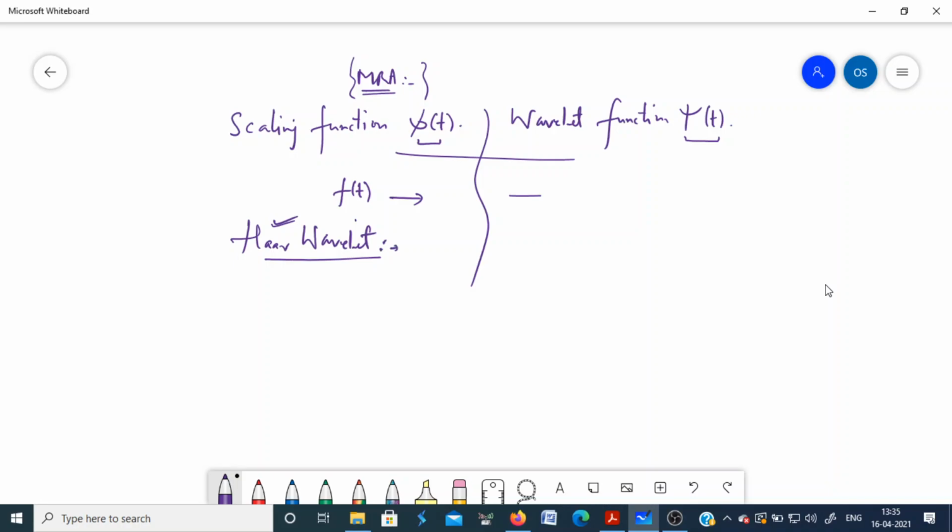Okay. So before we start with this MRA, we define some basic terms like signal space S, or vector space. If you decompose a function in terms of some basis functions, we have seen that if this decomposition is unique, then we call these decomposition functions basis functions.